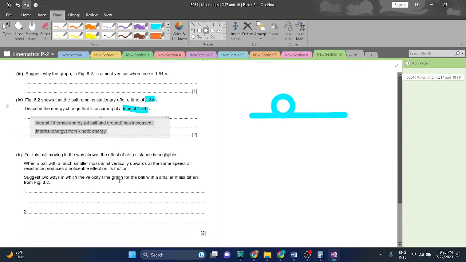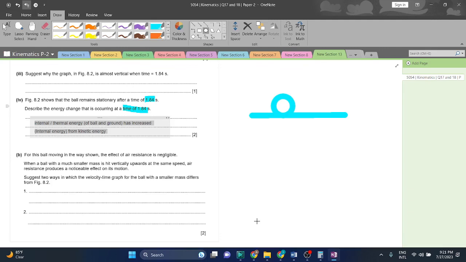Let's read further. Suggest two ways in which the velocity-time graph for the ball with a smaller mass differs from figure 8.2. For example, if you make a paper ball and crumple it and throw it as hard as you can, it won't go as far as a tennis ball would, right? If you throw a tennis ball with full force, it will go further than a paper ball.